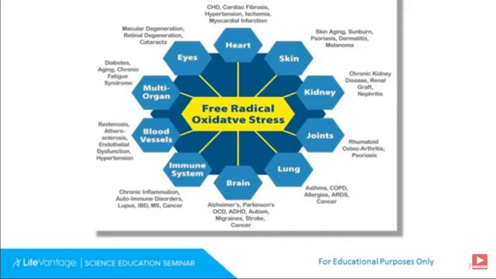Diabetes, chronic fatigue syndrome, aging, macular degeneration, retinal degeneration, cataracts, all of these things have as their root cause oxidative stress. So when you start to talk about something that has a potential effect on reducing oxidative stress, you can see why it has the potential to affect so many different conditions.